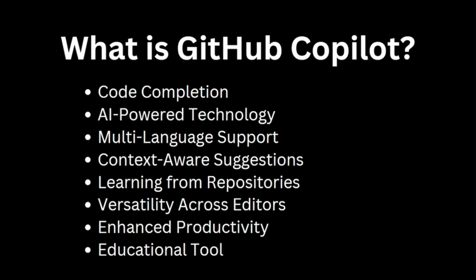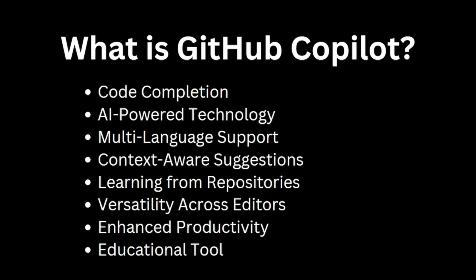Mainly, GitHub Copilot is used for code completion, wherein it predicts and suggests entire lines or blocks of code in real time. This feature aims to save time and reduce the need for developers to remember complex syntax and structures.